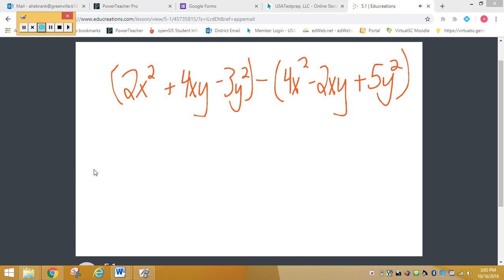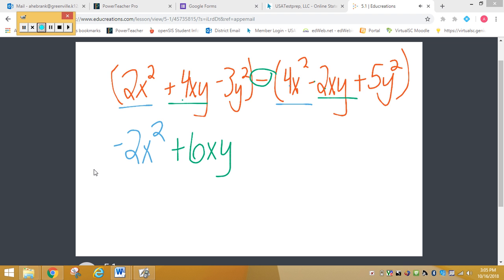If I wanted to do this problem, I can combine these x squared. 2 minus 4 is negative 2x squared. I could combine my xy's. So I would have 4 minus negative 2. 4 minus negative 2. That gives me a positive 6xy.